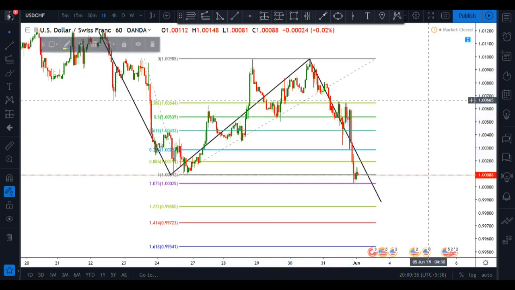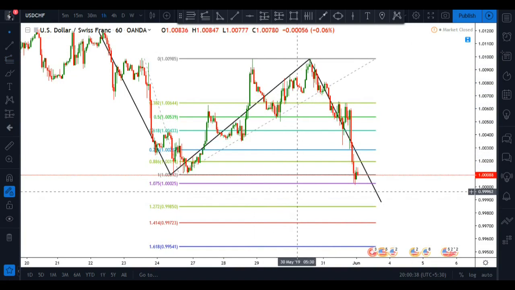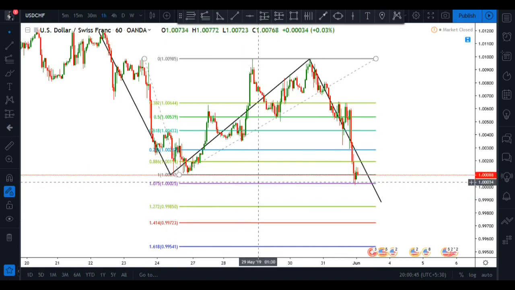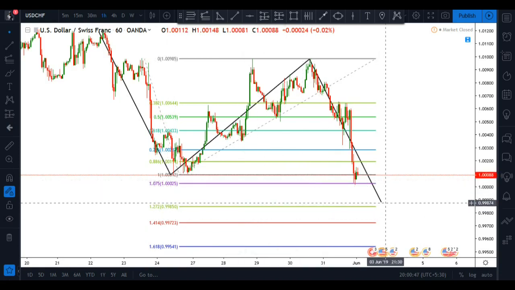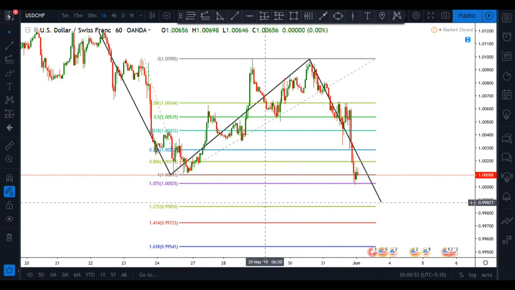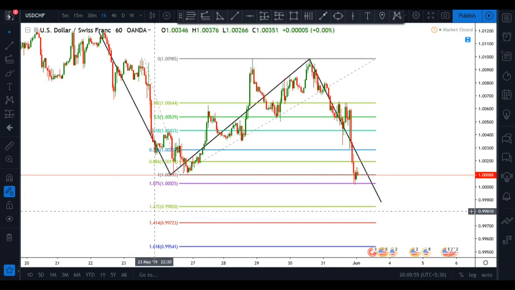And you can see traders that market is currently at 1.075 extension level, and you can see this harmonic move is almost there as the same as 127 extension level of this level.